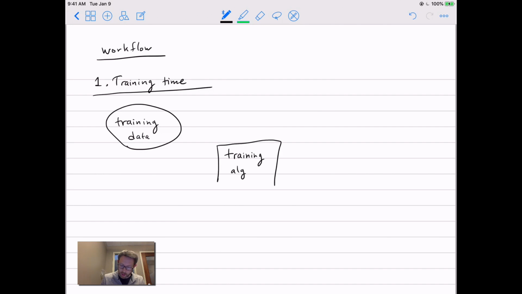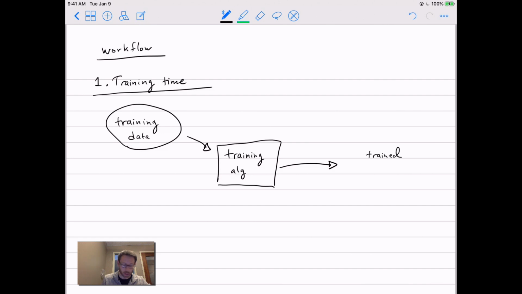Now, every time you have a different kind of machine learning model, you will have a different training algorithm. So logistic regression will have its own training algorithm. Deep learning models tend to use a process known as backpropagation.